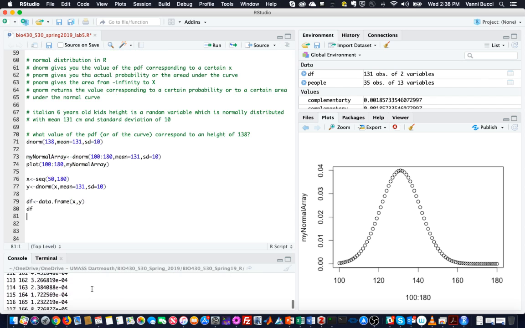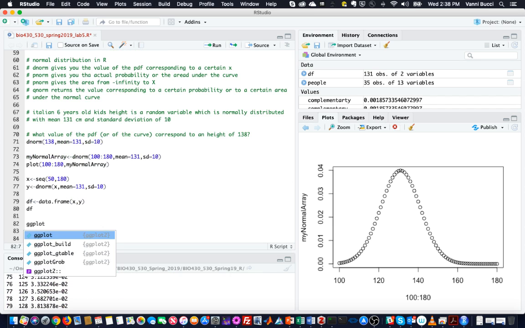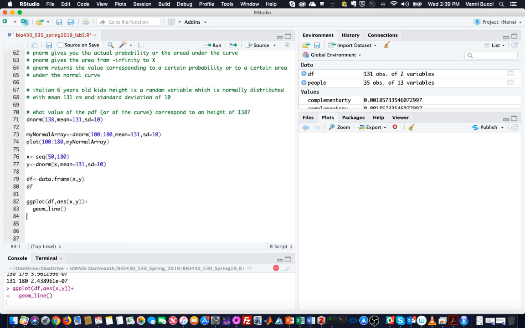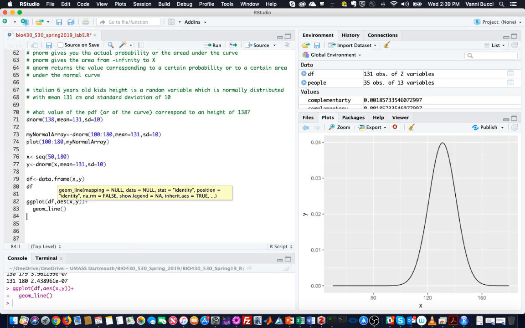Here it is. Now I can use ggplot. Say ggplot df, comma, aes x comma y, plus geom_line, for example. And we get something like this, right?